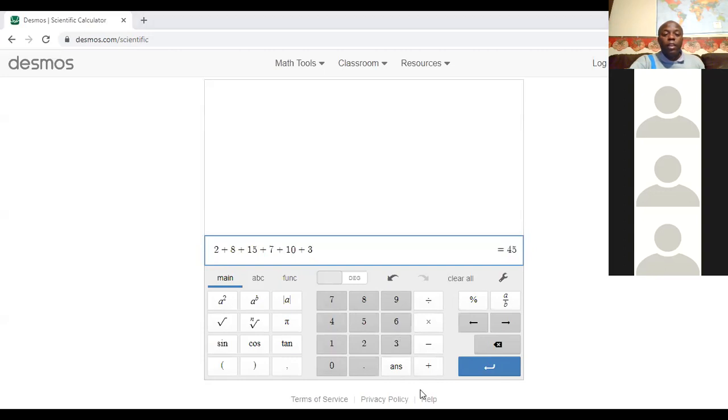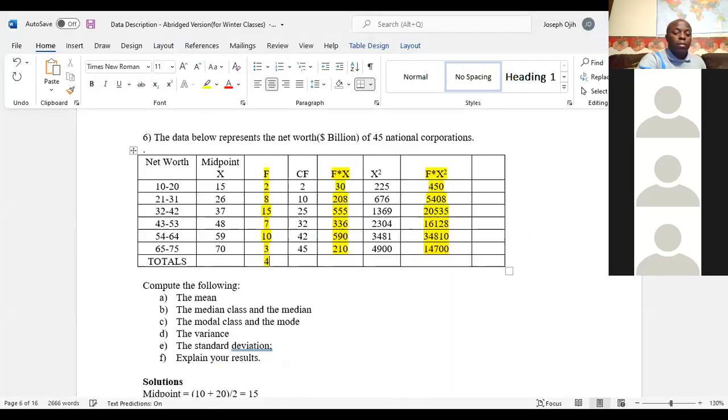So that gives us the 45 we have here. So this is our total right here, 45.